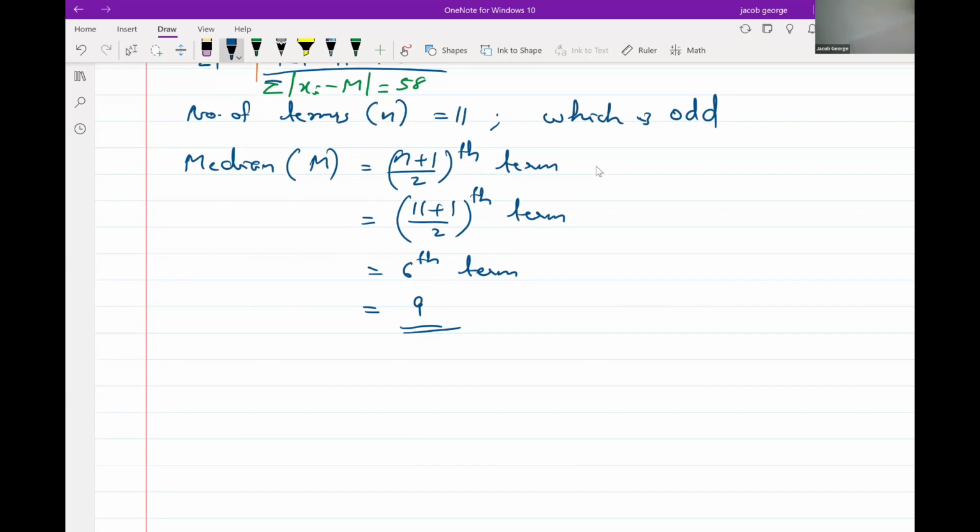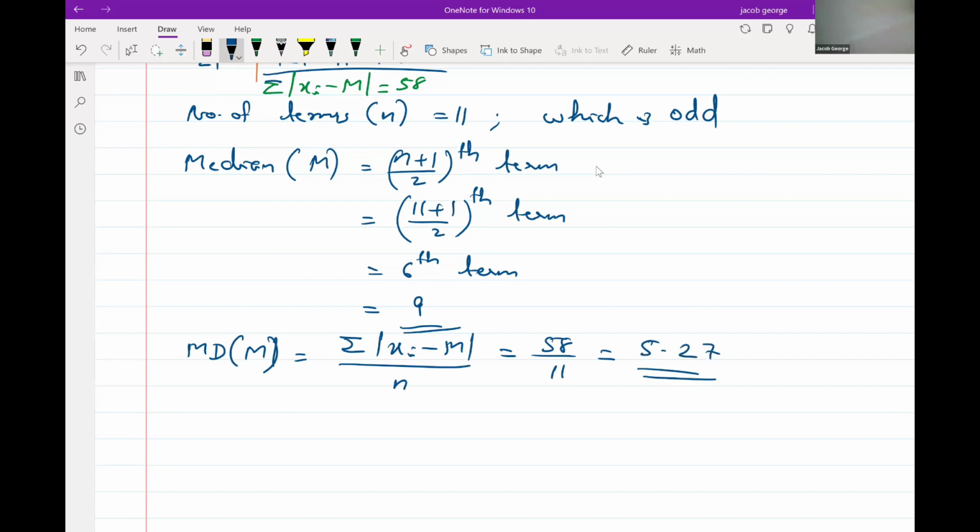Mean deviation about median is equal to sigma modulus xi minus m upon, what is this? 58 by number of terms. So what is the answer in decimal? 5.27. 5.27 is the answer.